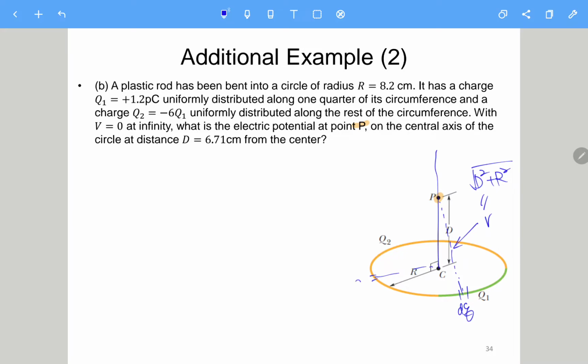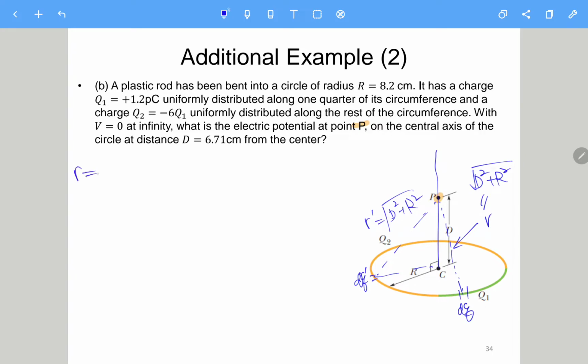If you consider dq prime here, this distance r prime is actually the same, equals d square plus r square. So even though the point we concern is not at the center, as long as it is on the axis of this circle, it is still very easy.